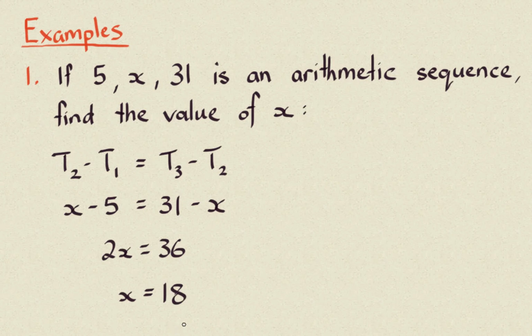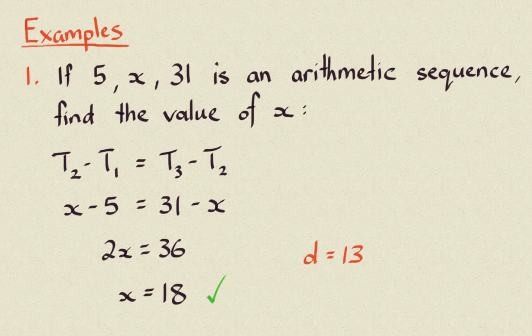And just as an aside, what does that make the common difference? Well, if we're going from 5 to 18 to 31, or if we look back at these lines, we can see the common difference would be 13. But that's just an aside. Our answer to the question is here with x equals 18.